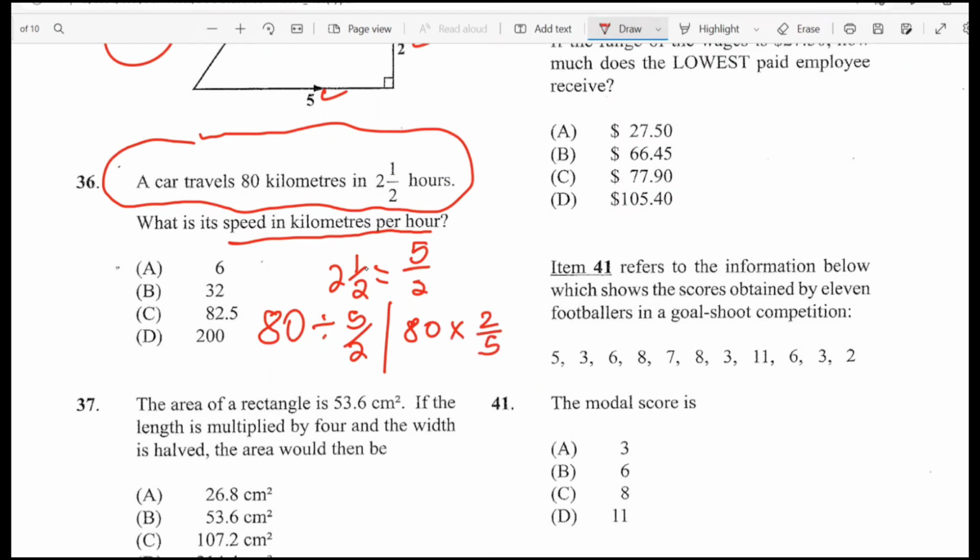So you could see, I could simply employ some quick canceling. 5 into 80 goes 16. 16 times 2, 32. And this is the answer right there.